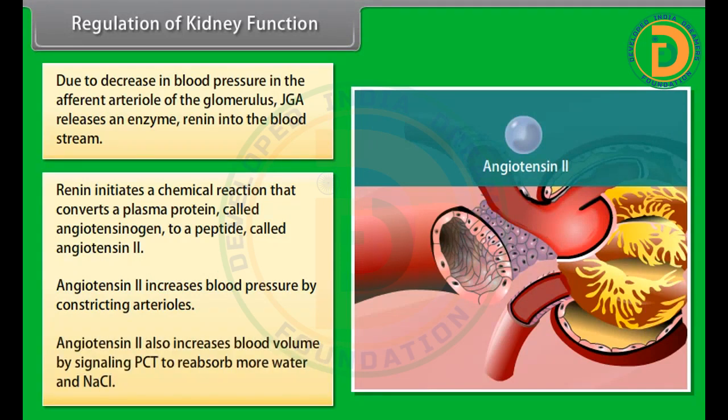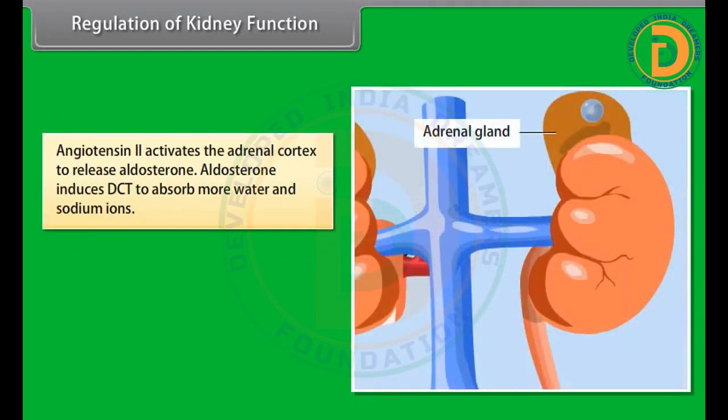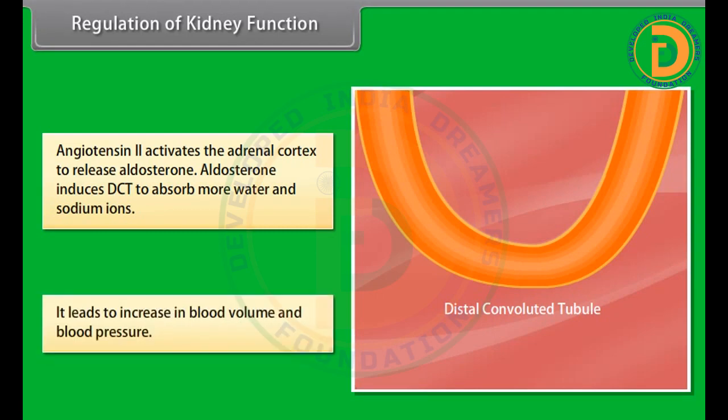It also increases blood volume by signaling the PCT to reabsorb more water and NaCl. Angiotensin II activates the adrenal cortex to release aldosterone. Aldosterone induces the DCT to absorb more water and sodium ions. It leads to an increase in blood volume and blood pressure.